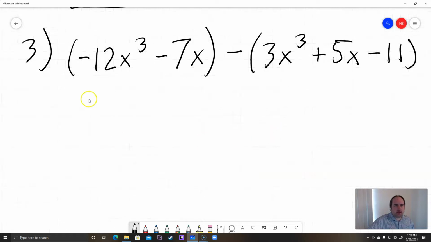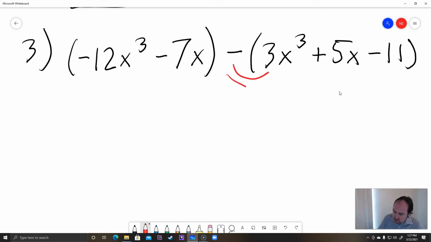So for the first polynomial, we have negative 12x cubed minus 7x. And for the second polynomial, we have 3x cubed plus 5x minus 11. Here we're subtracting. We notice there's a minus between the parentheses, so we are going to have to distribute that minus to the second polynomial as our first step.